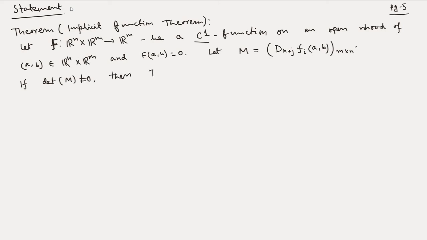then there exists an open set U in Rn containing the point A and an open set V in Rm containing the point B with the following properties.